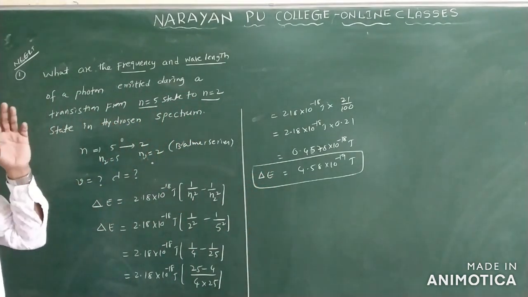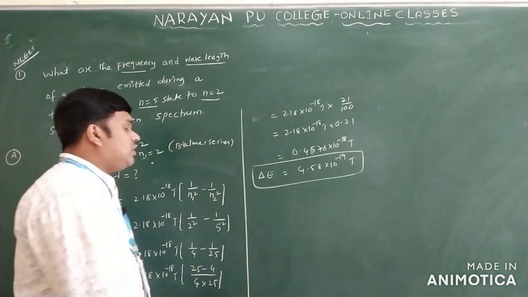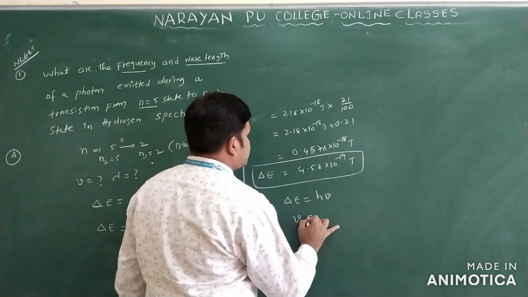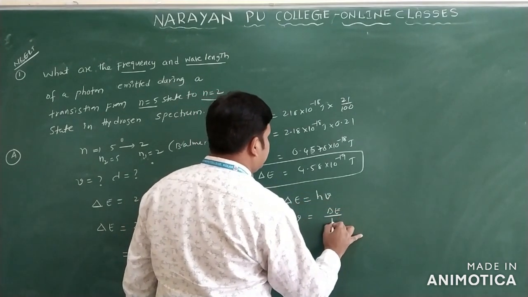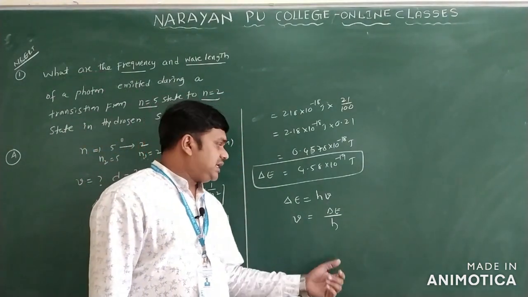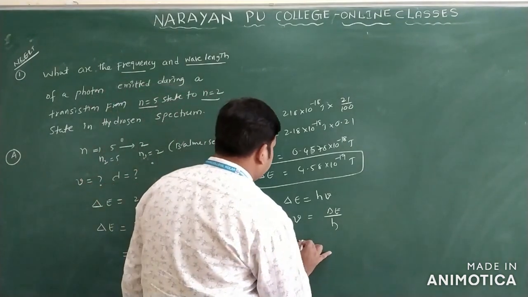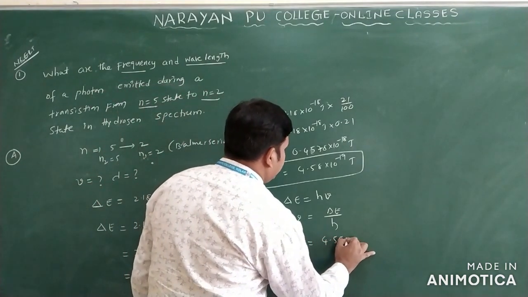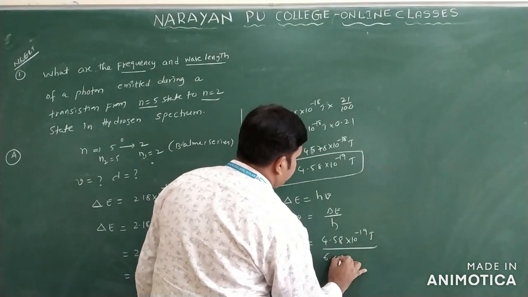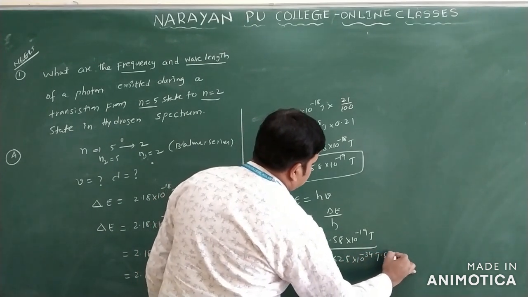What are they asking here? They are asking for frequency and wavelength. You know one formula: from E is equal to h nu, delta E is equal to h nu, so nu is equal to delta E by h. The delta E value we got is 4.58 into 10 power minus 19 joules by 6.625 into 10 power minus 34 joule second.